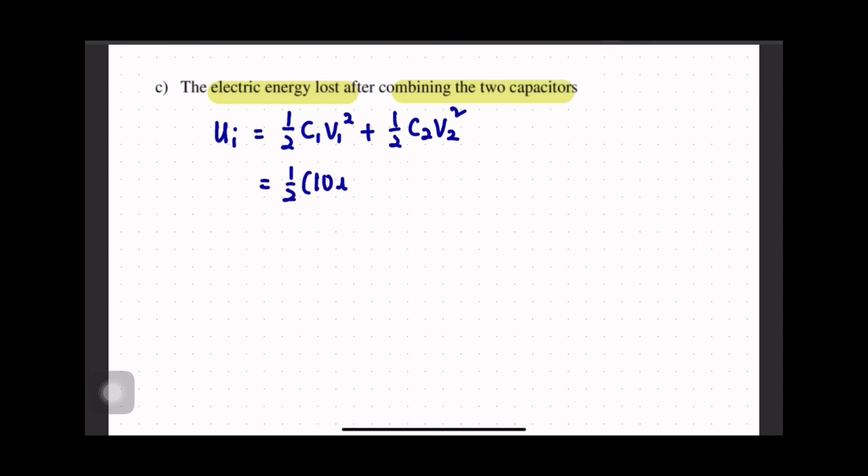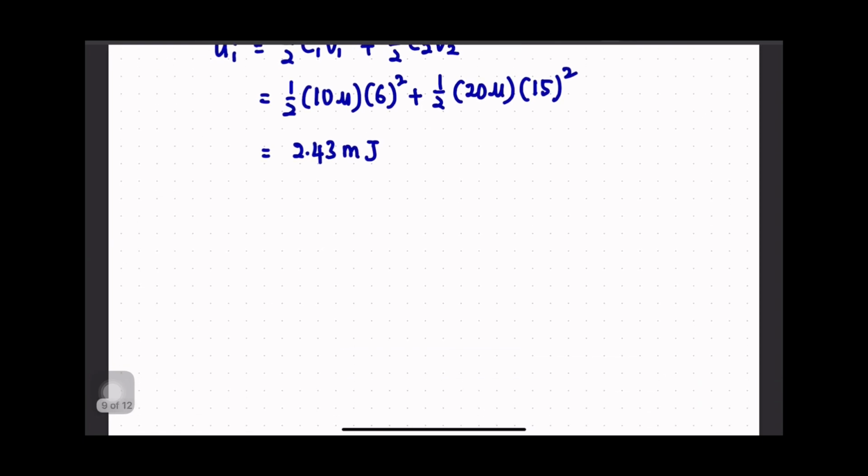C1 is 10 micro, V1 is 6 power of 2, plus half, C2 is 20 micro, and V2 is 15 volt power of 2. Then you will get 2.43 millijoule.